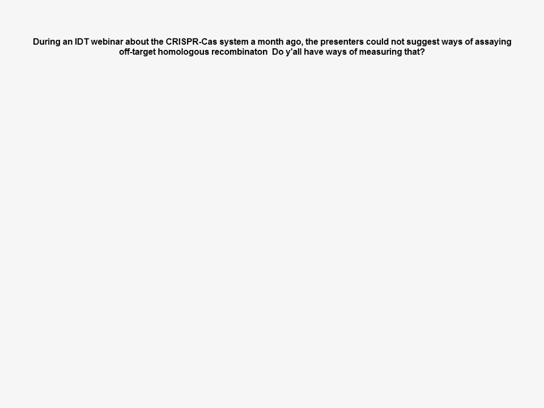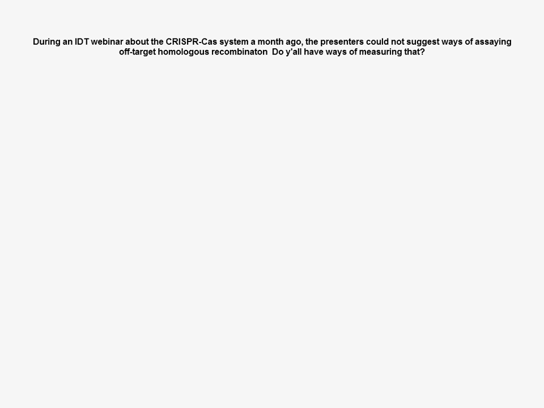Are there tools, so you mentioned GUIDE-seq, and that would imply looking at it in an unbiased way, but what about looking at kind of where the light's on, where you might expect it to be based on your designs? Yeah, I think we can, and what we do currently, we and others, is we can use our design tools and what we understand about CRISPR specificity and PAM sequences to predict potential off-target sites.